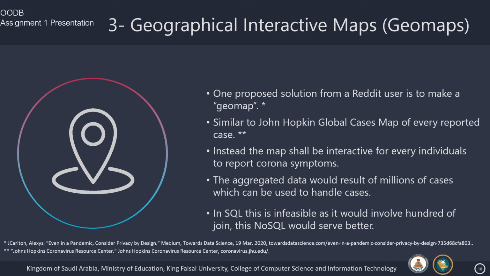The idea here is that instead of generating just a report, why not make it interactive so that every individual can add reported coronavirus symptoms, in order to make the virus less infectious and attended to more quickly.